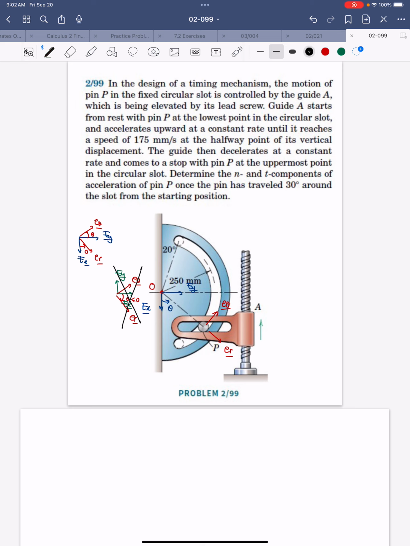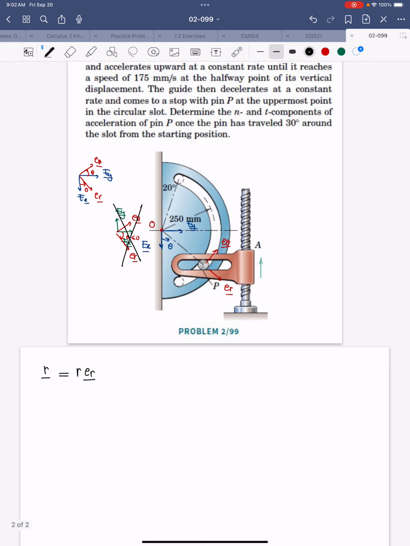Okay. So I can write the position vector of the pin P in polar coordinates. Why not cylindrical? Why just polar? Because the motion is planar here. Because the pin is moving on a circle with constant radius, the term r dot is 0.